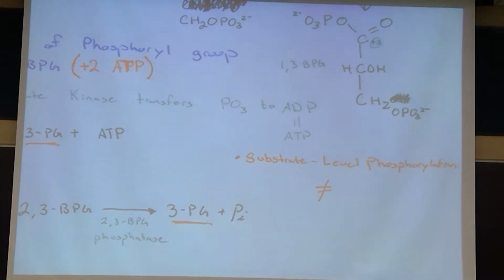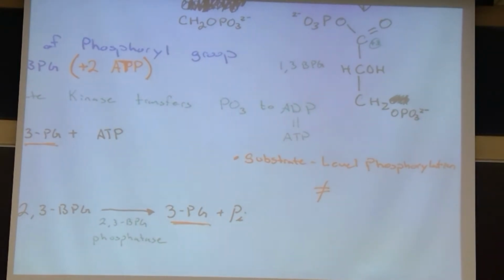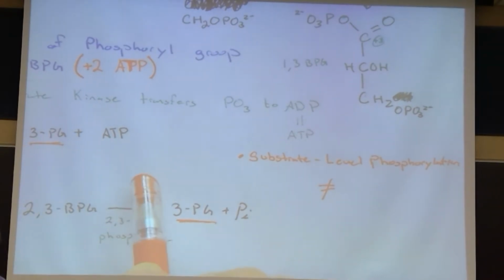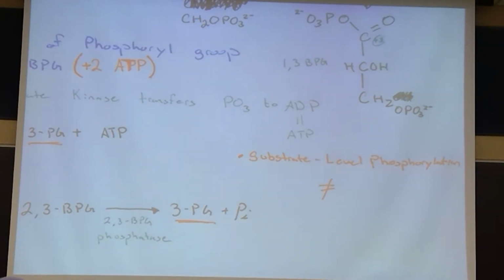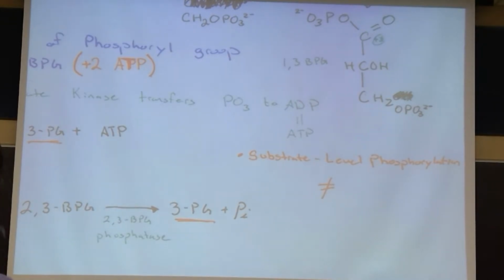Substrate level phosphorylation is an example of what we just saw. We take our substrate, we transfer a phosphoryl group from our substrate. So the transfer of a phosphoryl group to an ADP to make ATP is driven by the substrate. It's called substrate level phosphorylation. It produces a small amount of energy, one, right?